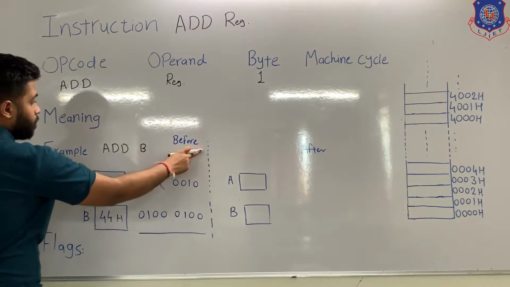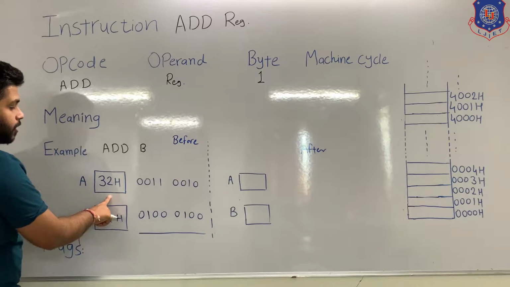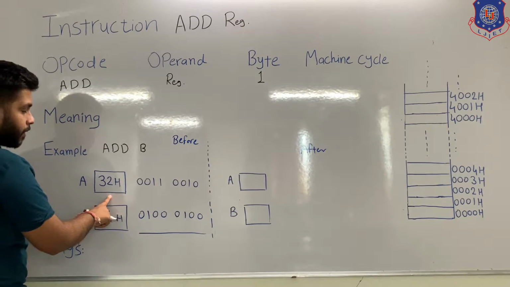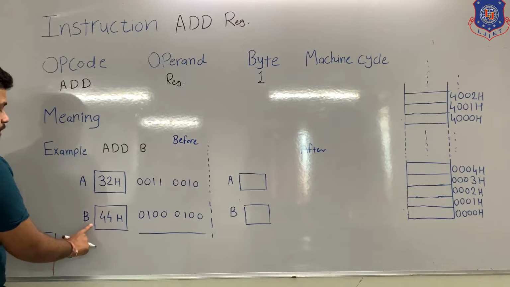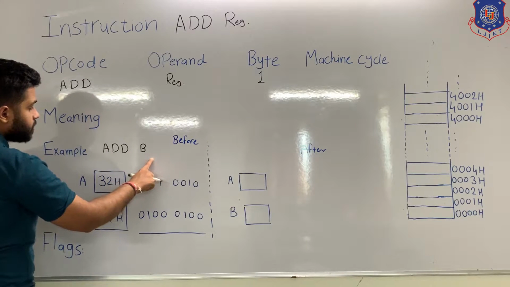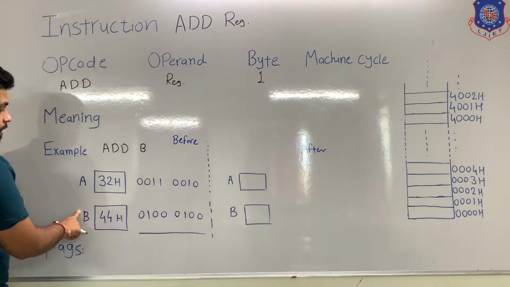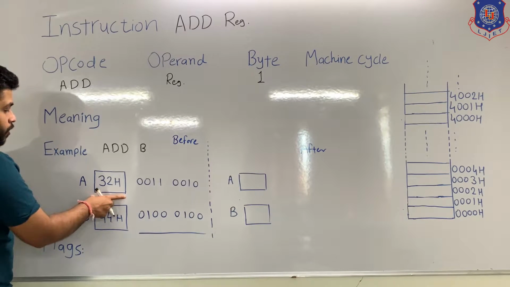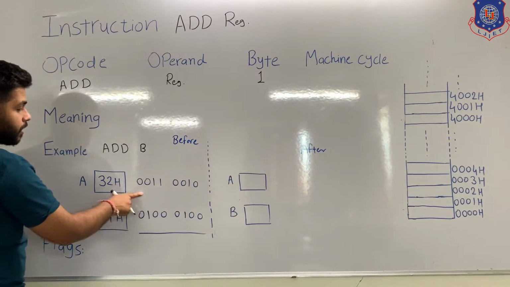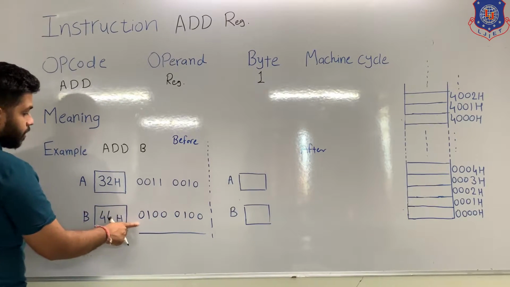accumulator. Before the execution, you can see that the content of accumulator is 32H in hexadecimal and content of register B is 44H. When this instruction is executed, the data of A and B will be added. So the content of accumulator is represented here in the binary, as well as the content of register B is represented in the binary.